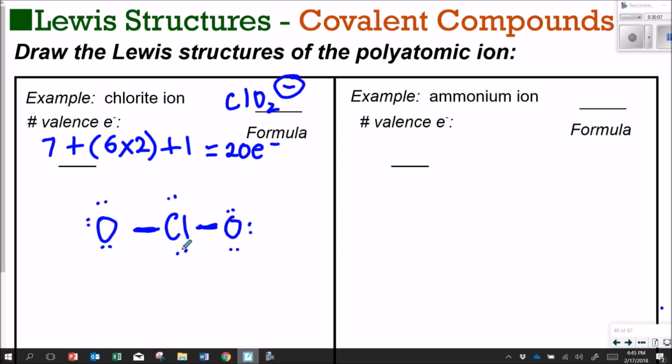Now to show that it's an ion, I have to put the whole structure in a square bracket and put the charge. Let's make sure that the octet rule is satisfied. We have 8 electrons around the left oxygen, we have 8 around the central chlorine, and we have 8 around the right-hand side oxygen. So we are done.